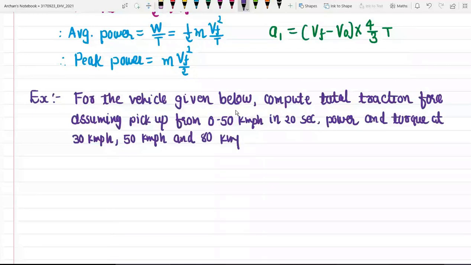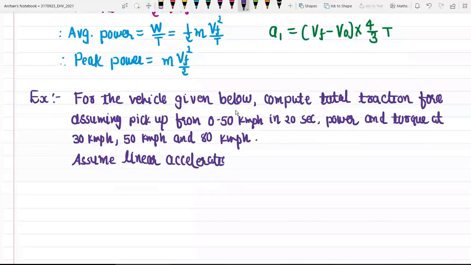For this example you have to assume linear acceleration and zero slope. So the motor and wheeler parameters are given to us.